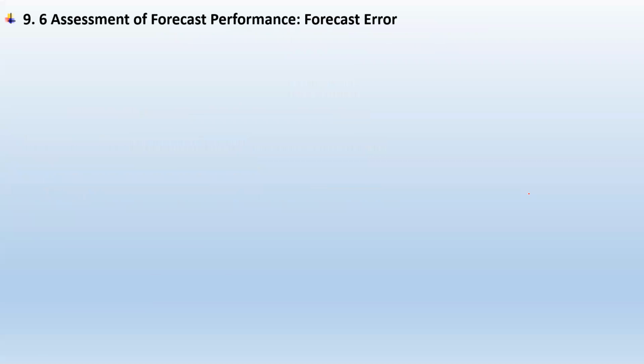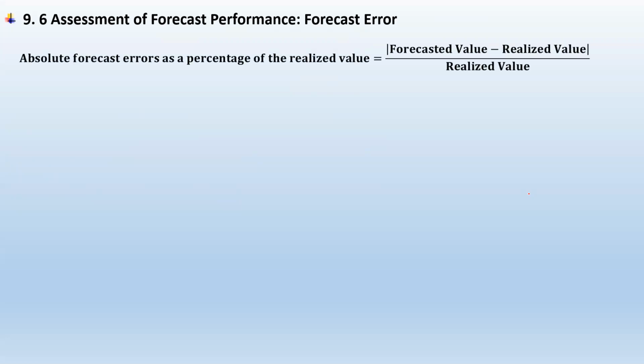So one thing to measure whether the forecasting model has a really good or really bad performance is the so-called forecast error. The absolute forecast error we can represent as a percentage of realized value.